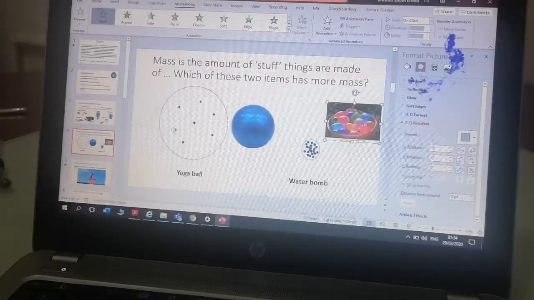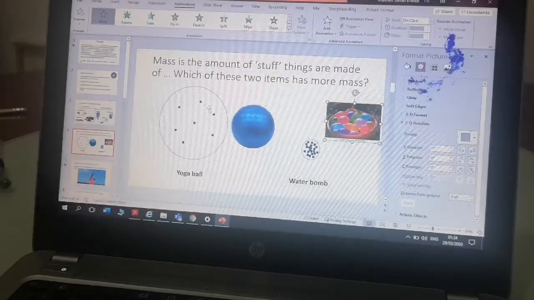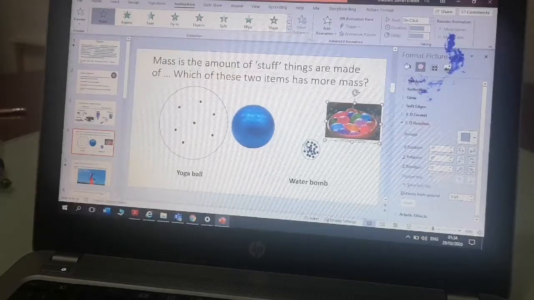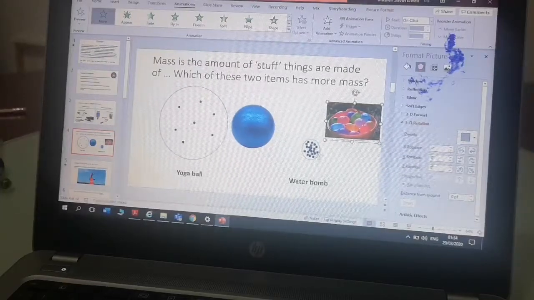Well, air has less stuff in it, less particles. It's more spread out. Whereas even though the water bomb is smaller, there's 1, 2, 3, 4, 5, 6, 7, 8, 9, 10, 11, 12, maybe 20 particles in here. So there's more stuff in the water bomb. So it has more mass.